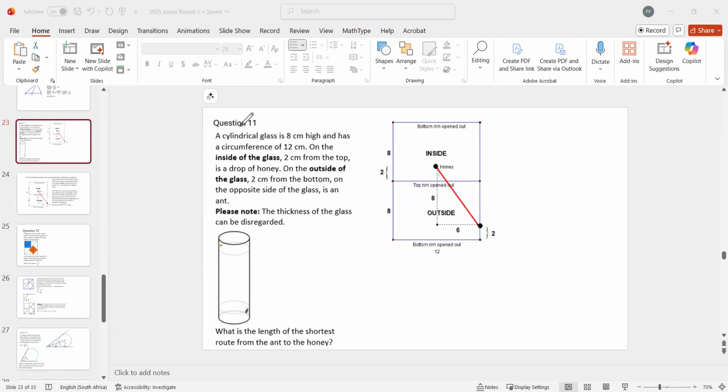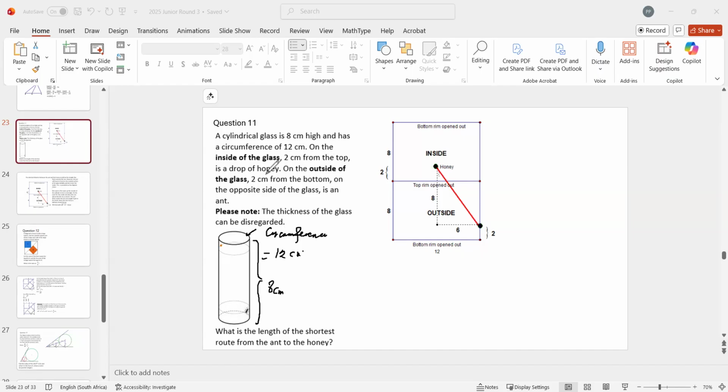Okay, we have to read this question carefully. A cylindrical glass 8 centimeters high. So there's your glass. It's 8 centimeters high. Right? It has a circumference of 12 centimeters. So right round the circumference here equals 12 centimeters.